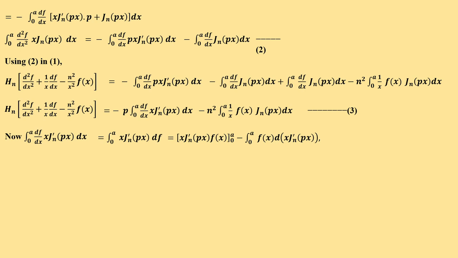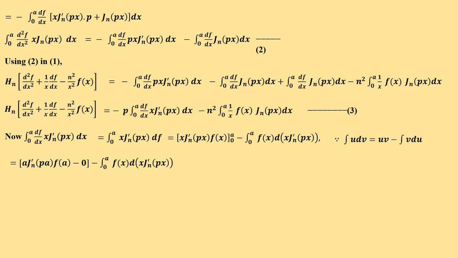Again we are going to use the u dv formula: integral u dv is uv minus integral v du. Here u is x Jn dash of px, v is f of x. So uv is x Jn dash of px into f of x, lower limit 0, upper limit a, minus integral v du, f of x into derivative of x Jn dash of px, right?